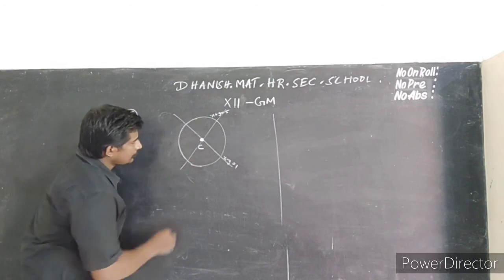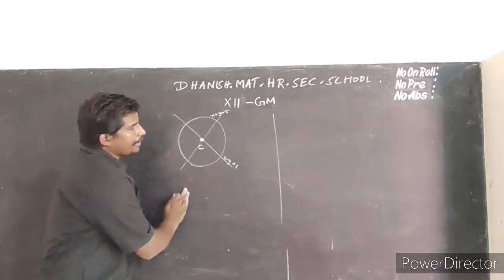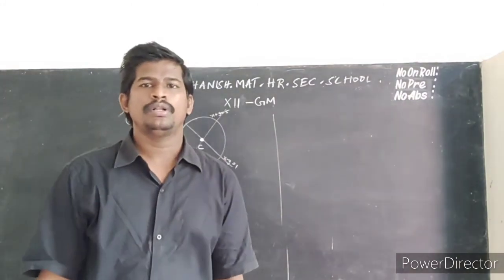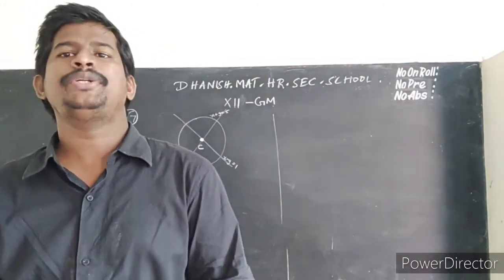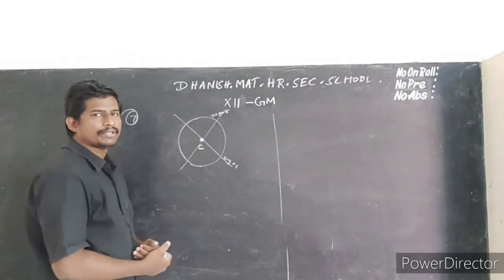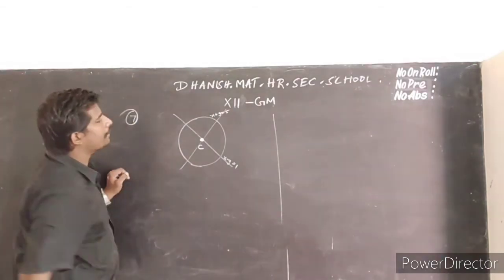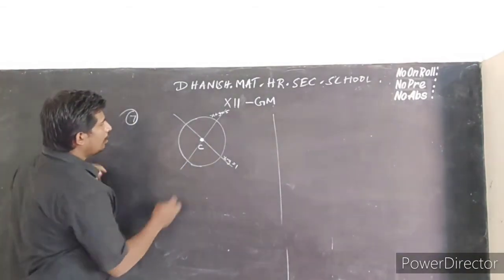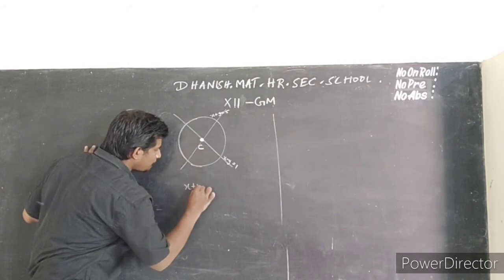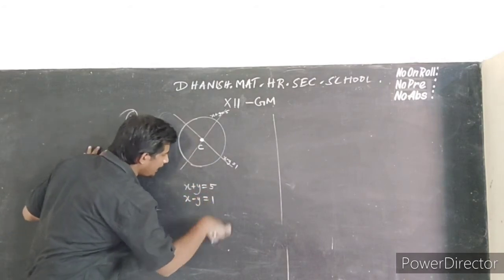If you want to find the point of intersection, what we have to do? We have to solve the given two lines by the elimination method or cross multiplication method or any other method. So I am going to solve these two equations by the elimination method. Here we have x plus y equal to 5, then x minus y equal to 1.